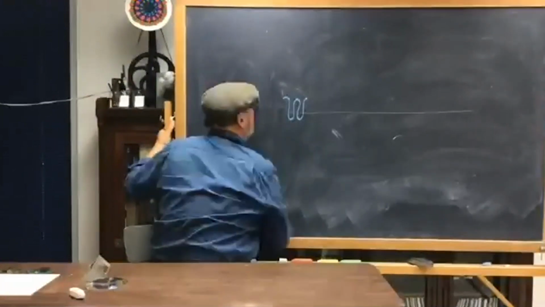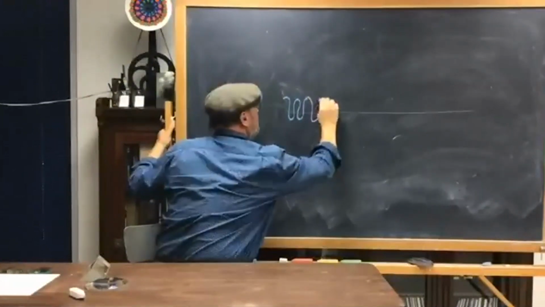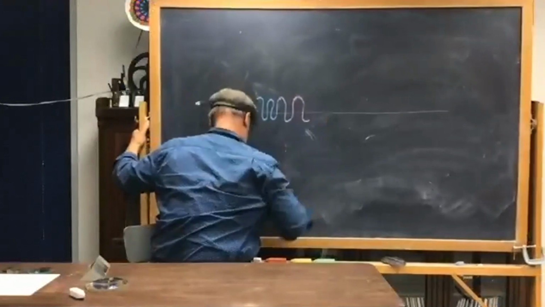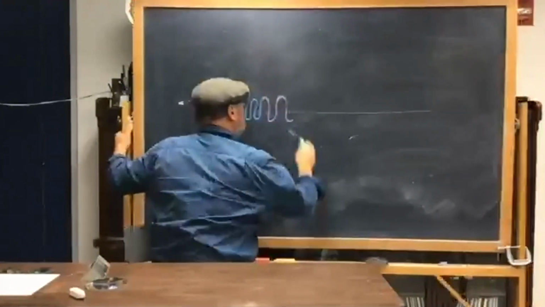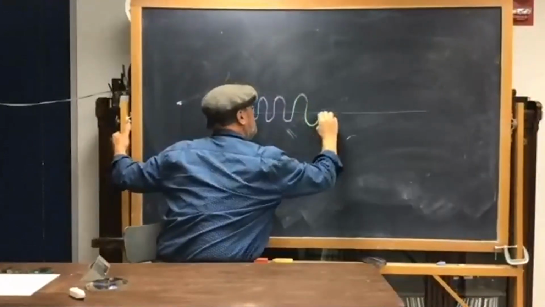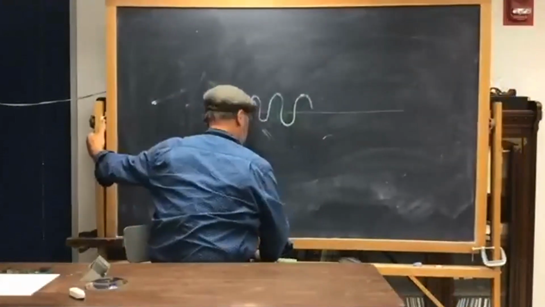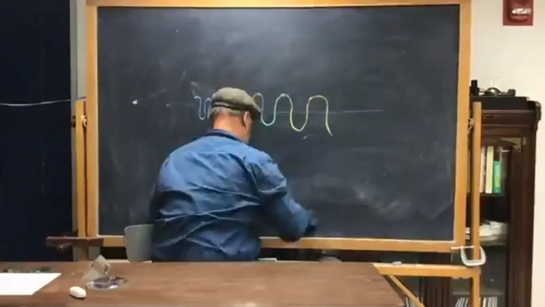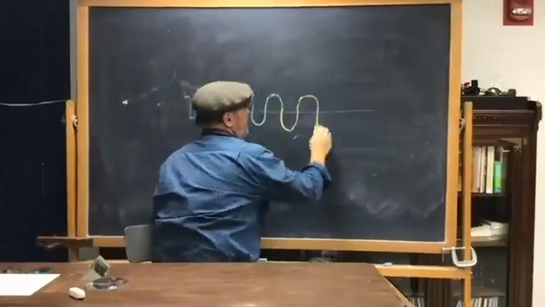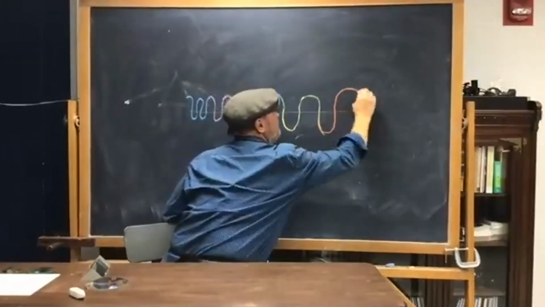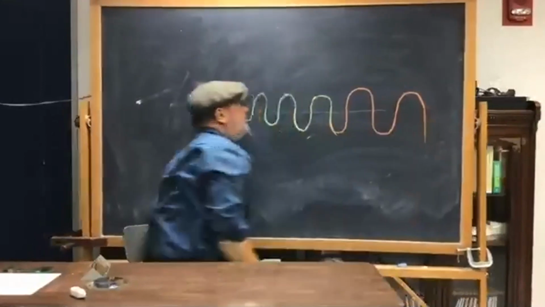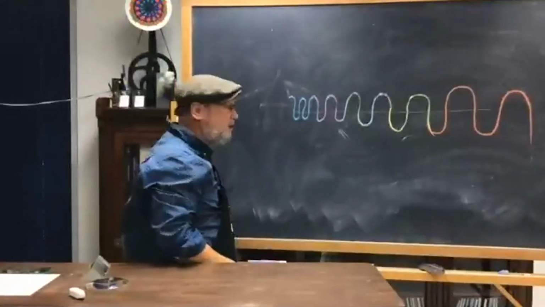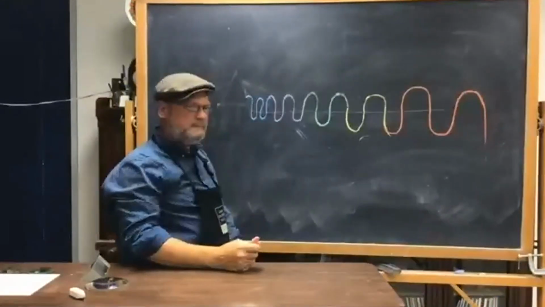We go to violet. And then green. Then to yellow. I run out of chalkboard. And then eventually like that. And so there are our wavelengths.